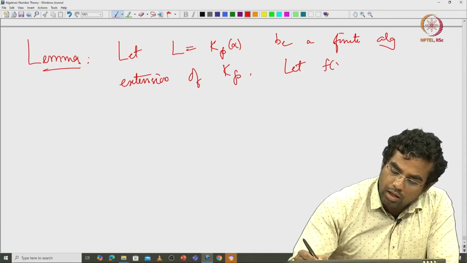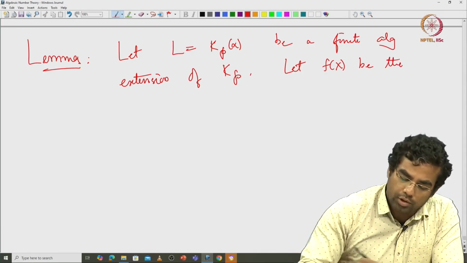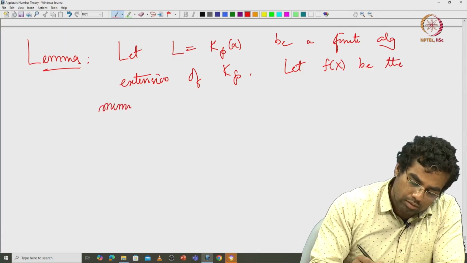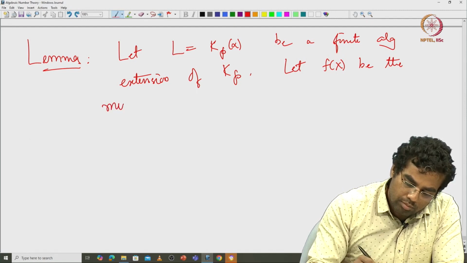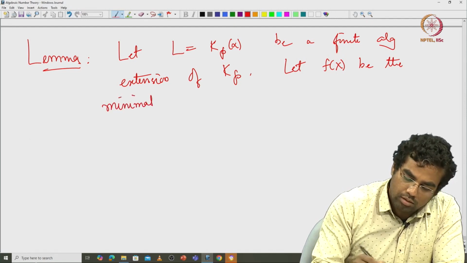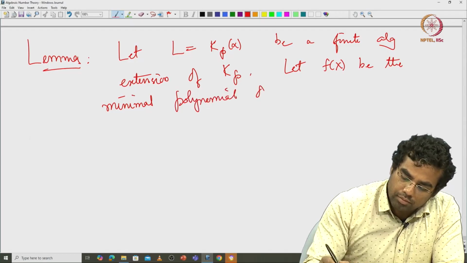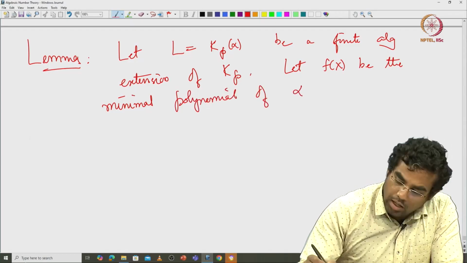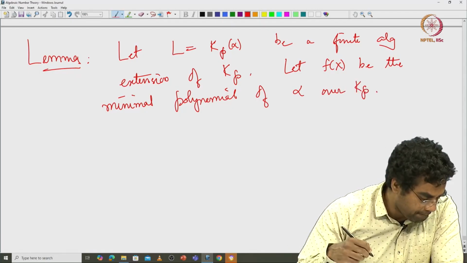Let f of x be the minimal polynomial of alpha over K_P.